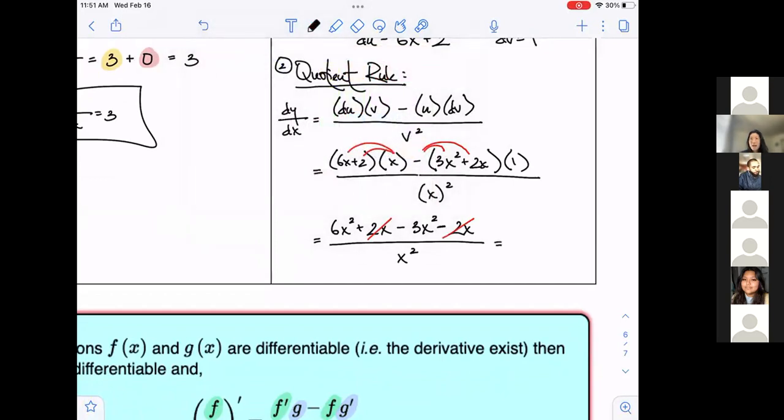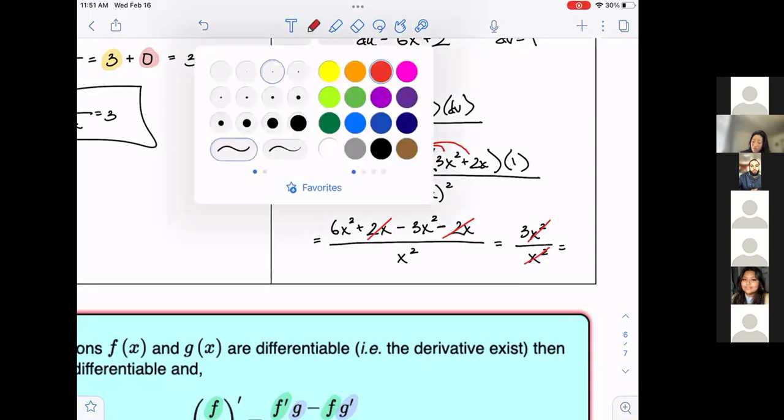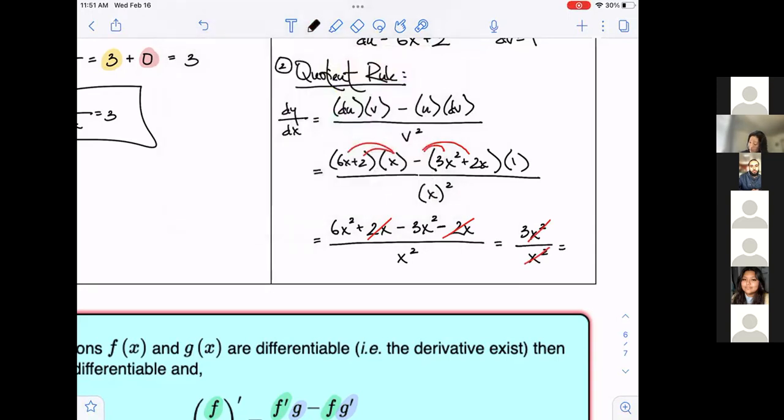And on the top, I have 6x squared minus 3x squared. Well, that gives me 3x squared over x squared. Those I can reduce because x squared divided by x squared is 1.